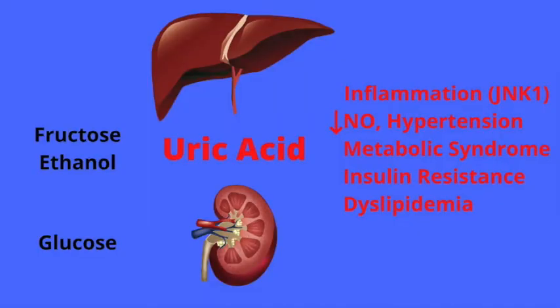Secondly, we have the consumption of chronic alcohol, and alcohol is metabolized in parallel to fructose with similar outcomes: a sudden significant elevation in uric acid, and chronic alcohol consumption over time generates high fasting concentrations of uric acid.